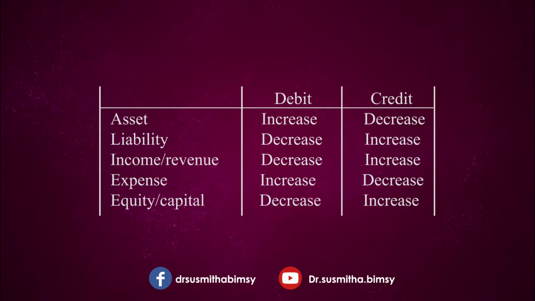For a decrease, or when we have to cancel the liability, we have to debit it. Likewise, capital: any increase in capital, we have to credit, and any decrease in capital, we have to debit. See income: any increase in income, we have to credit, and any decrease in income, we have to debit. Likewise, expenses: any increase in expenses, we have to debit, any decrease in expenses, we have to credit.